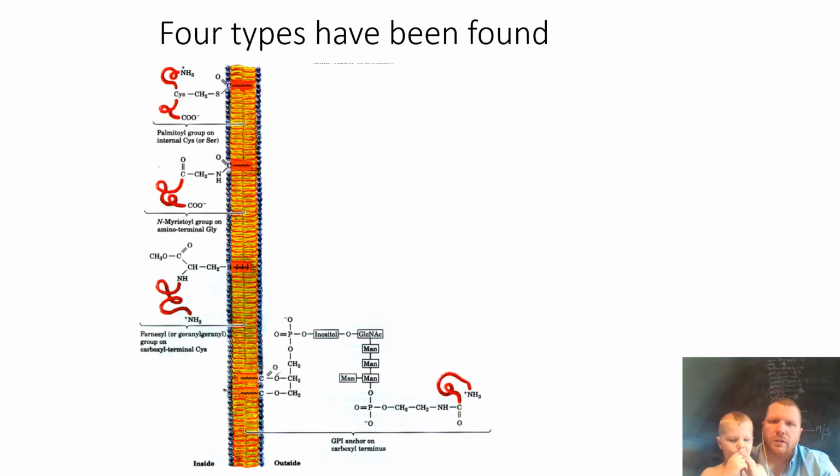Last thing I want to talk about with respect to lipid-linked proteins is the 4 different types. Again, we need to draw our attention to inside of the membrane and outside of the membrane.